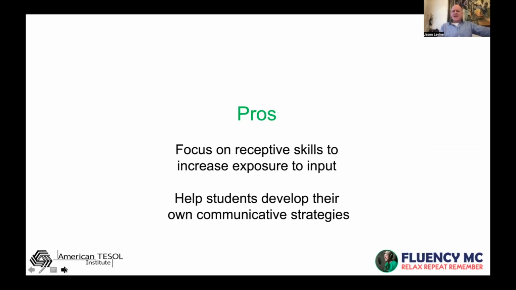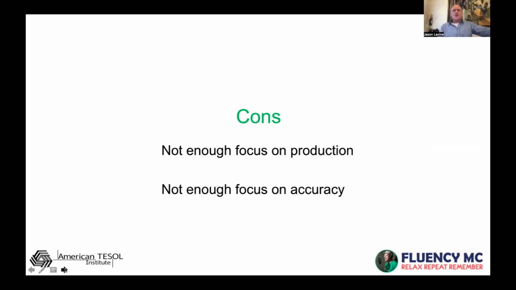And the communication strategies, communicative language teaching had some, but we're going to get to that in a moment. But where was the production focus? Not as much. And the nice thing about communicative language teaching is it really did balance more the accuracy and fluency issue.